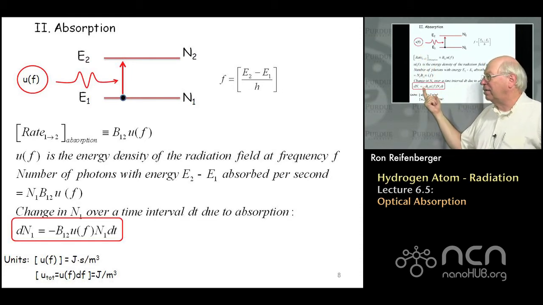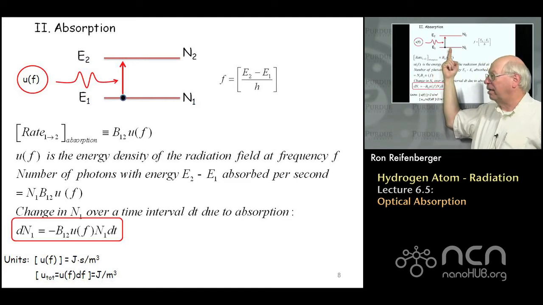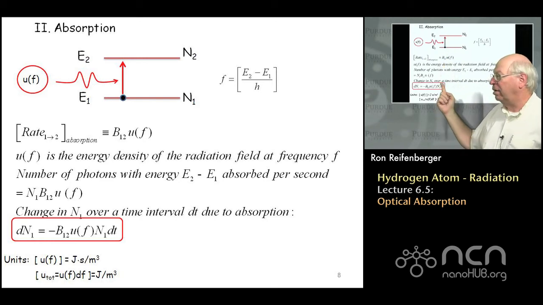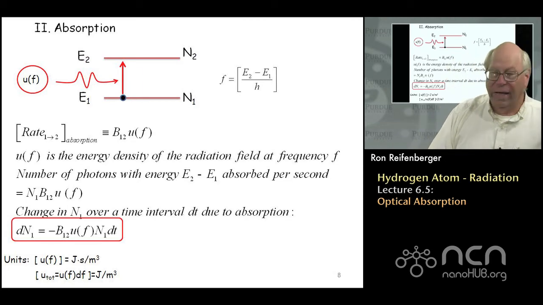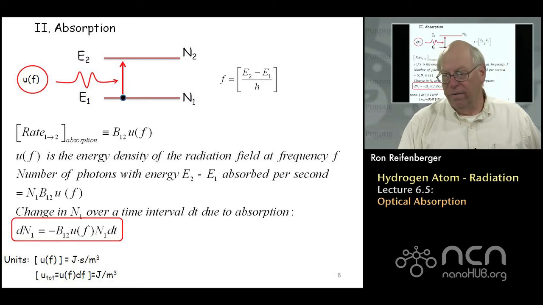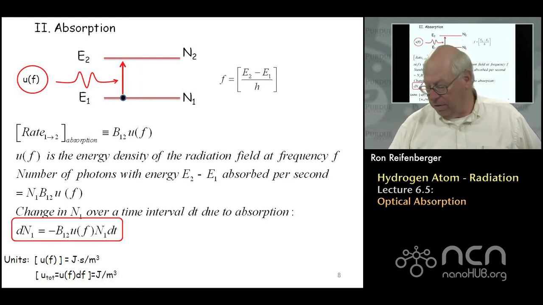Again, the negative sign is just telling us that N1 decreases in time, right? Because electrons are going up, that means N1 has to go down, and that's expressed by this negative sign. Okay, so that's the second important result that Einstein was able to derive just by thinking about this problem in 1917.